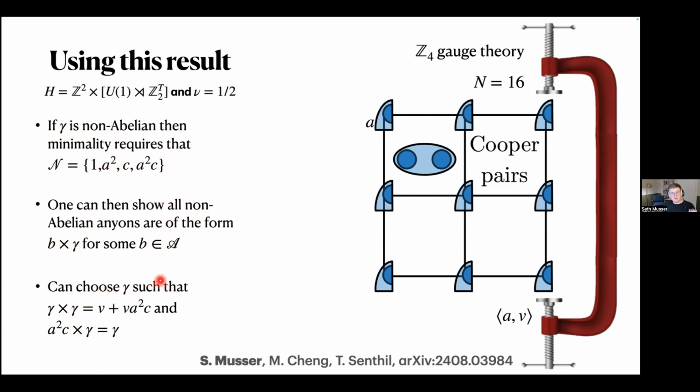And furthermore, you can choose this non-abelian gamma to be such that gamma times gamma is equal to V, the Vizon, or the Vizon times A squared times C.